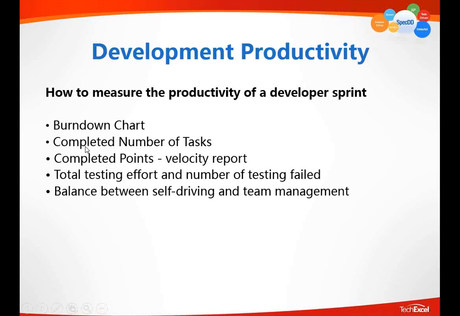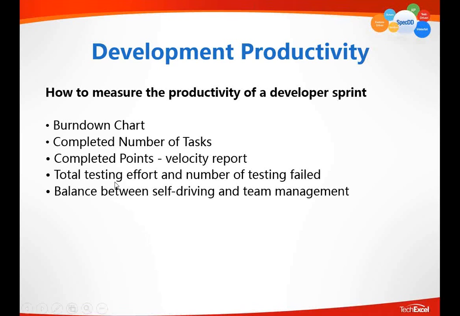So we can measure by using a burn down chart, by checking the completed number of tasks or completed points, which is the velocity report, or total testing effort and number of testing failed. That can also judge the quality of the productivity, which is related to the quality of development work.